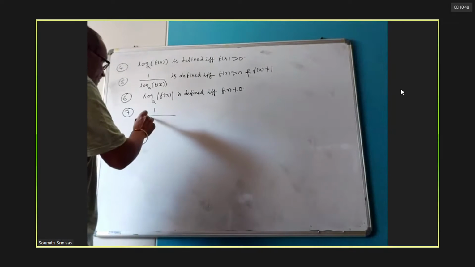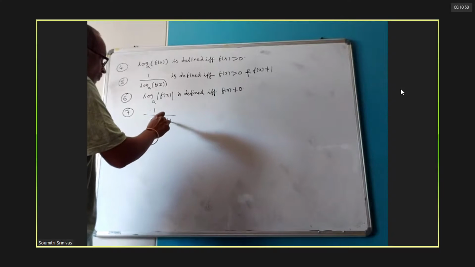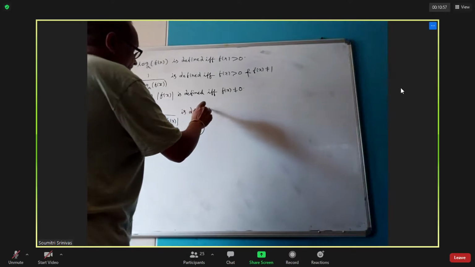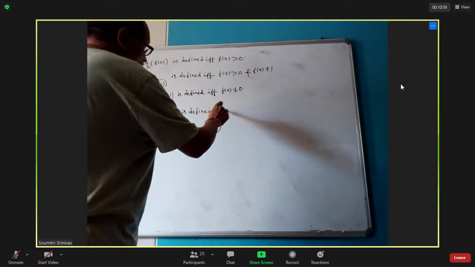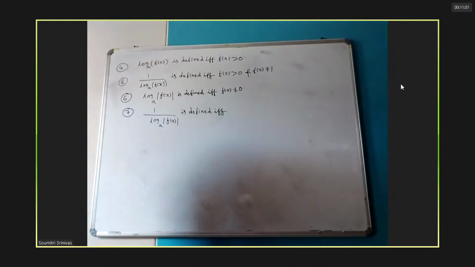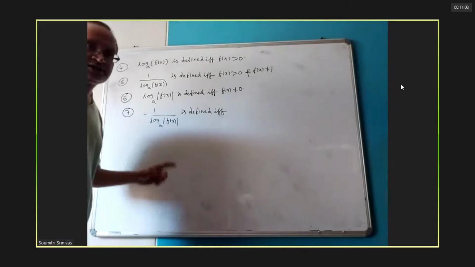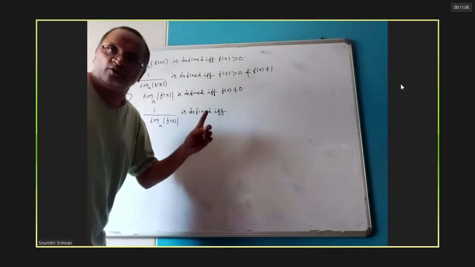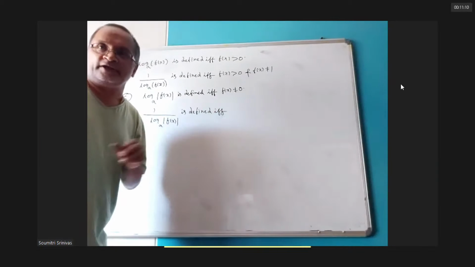When is log of mod f of x base a defined? If and only if... Now what are the values f of x cannot take? F of x cannot take 0. It is not defined.